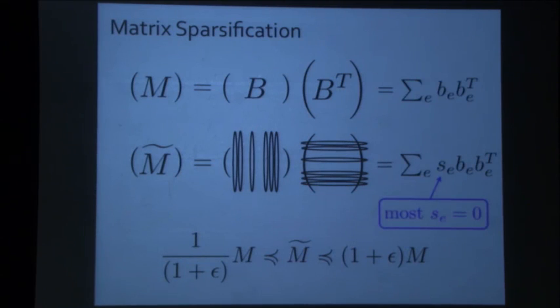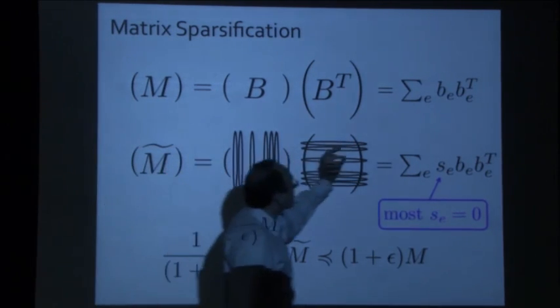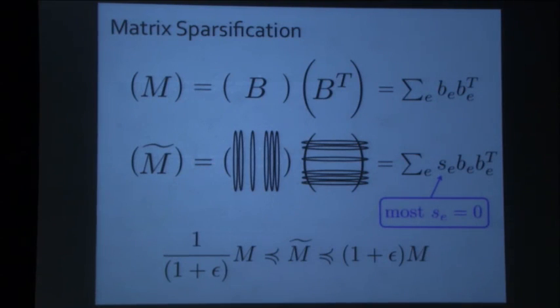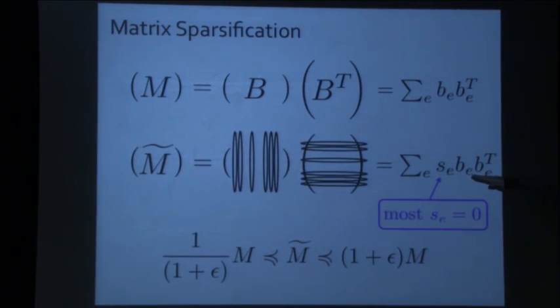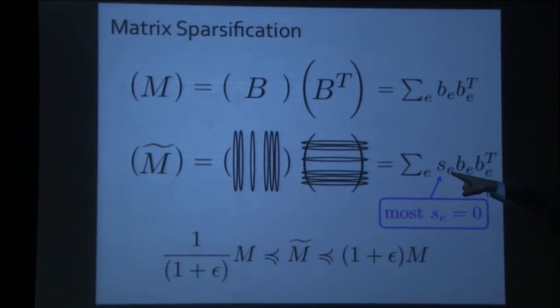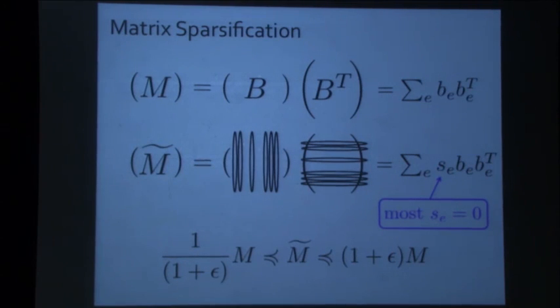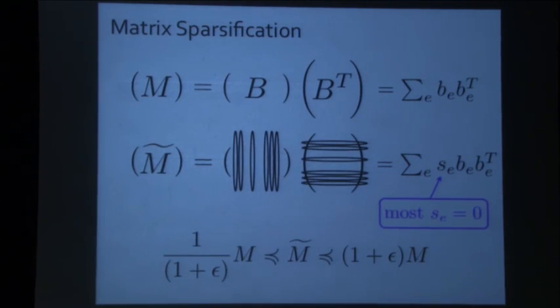The way I'm going to think about this is writing M as a sum of outer products. My approximation I'll also write as a sum of outer products with scaling factors in front. The key point is most of my scaling factors will be 0, and some will be big. But this is what we're going to do.